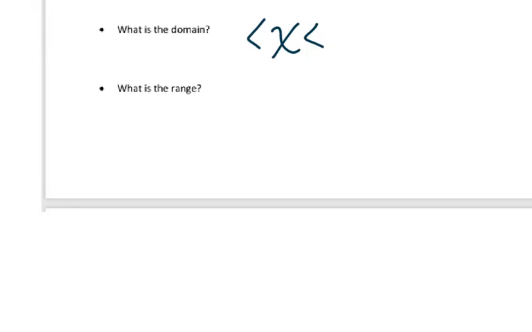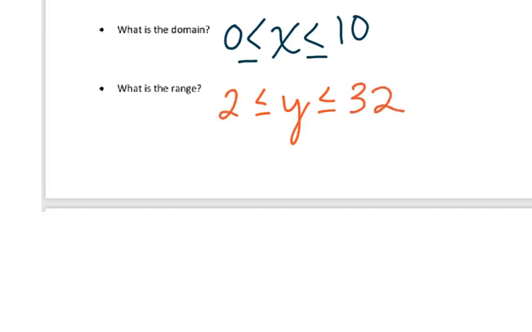So my smallest x value was a 0. My biggest x value was a 10. It included both sides. So x was the number of years old my tree was. Range is the y. The smallest y value was a 2. The biggest y value was a 32.